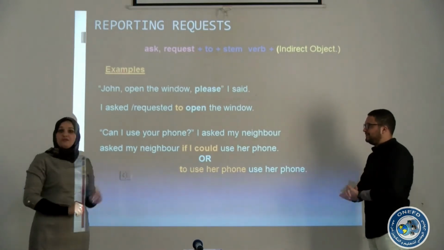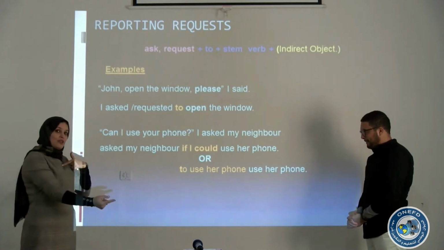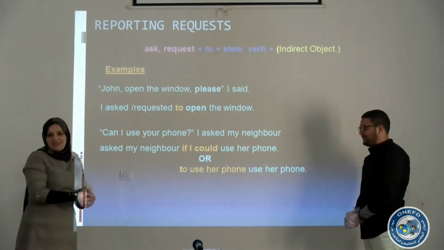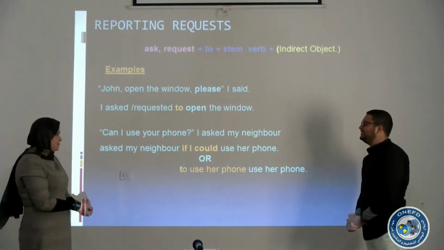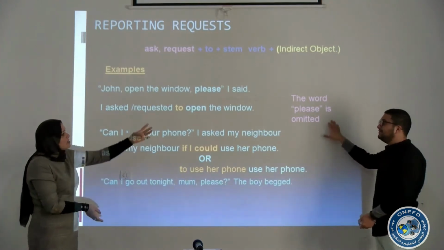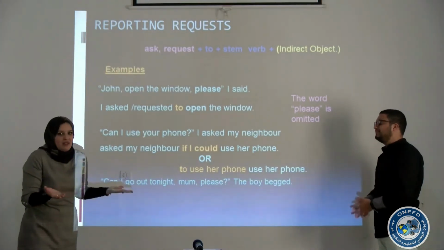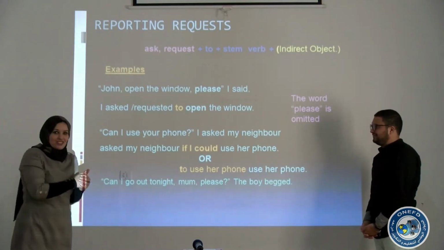You have two different ways, and both are correct. Because you remember, if we turn can into reported speech, it becomes could. Or here we simply use to plus the infinitive, and the word please is omitted when you report. No need to say he said please. No need to mention it.